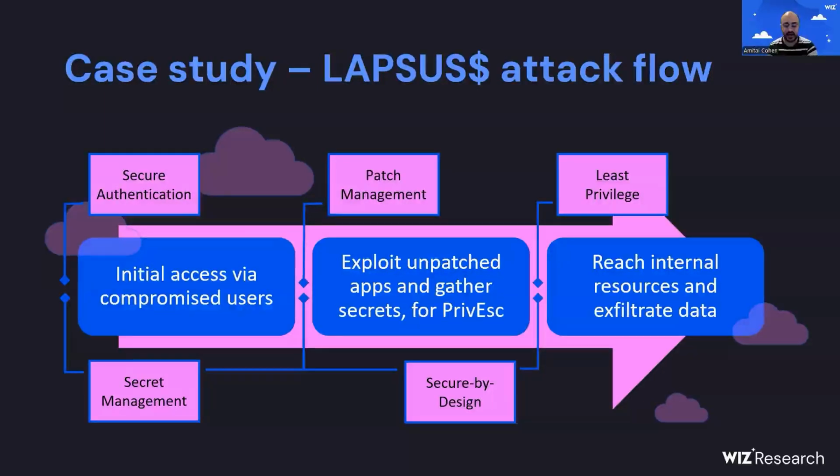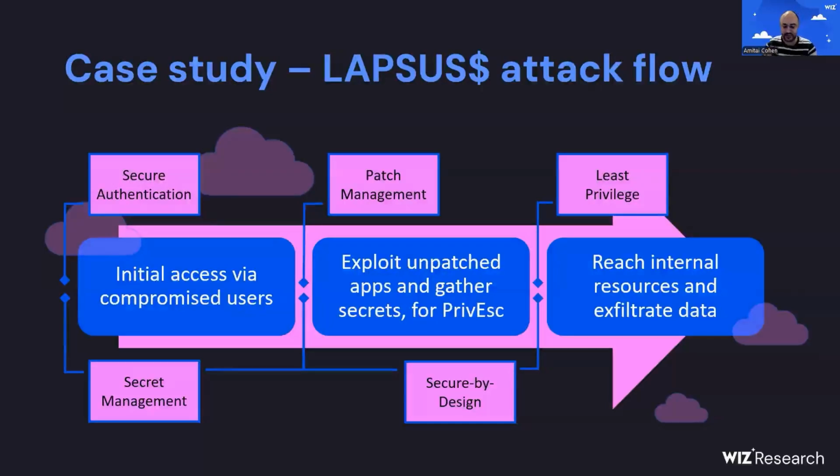In terms of exploiting unpatched apps internally, if you have good patch management practices in place, if you have tools that can provide you context about the kind of things that are going on in your environment and help you prioritize what you should patch when, that also is very, very helpful. If you can devise your cloud architecture to be secure by design so that, for example, if someone gains access to one network, one subnet, they don't automatically gain access to everything else, that's also very helpful because it contains the blast radius of any incident.